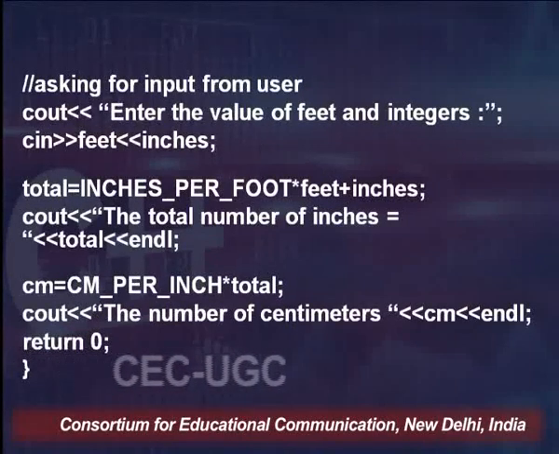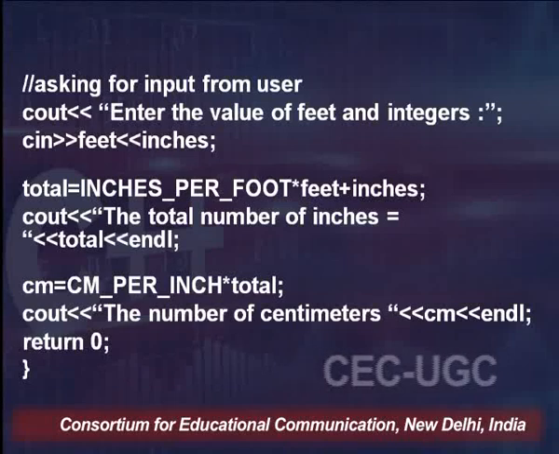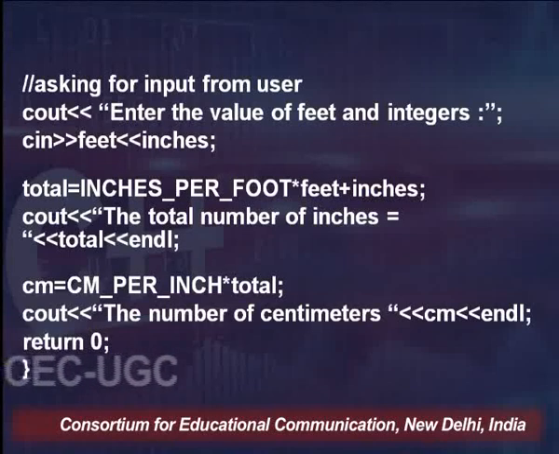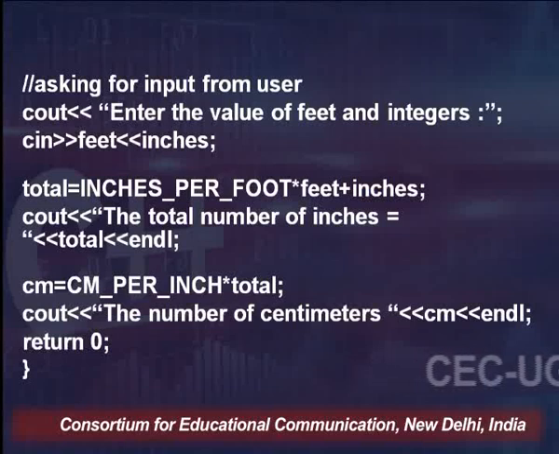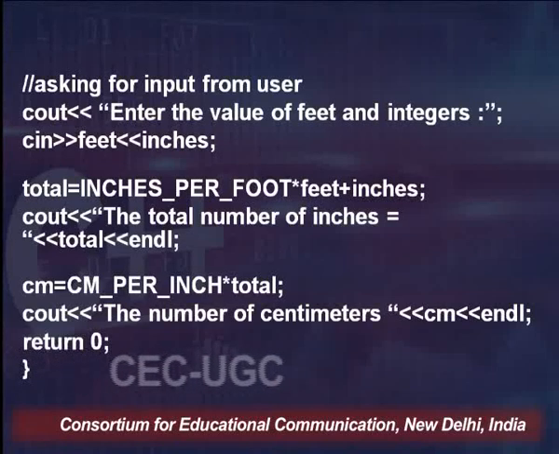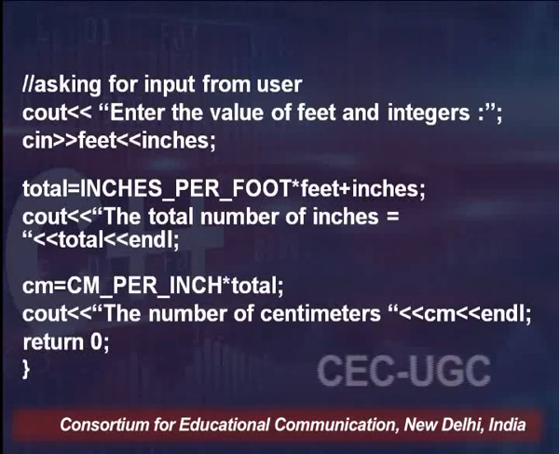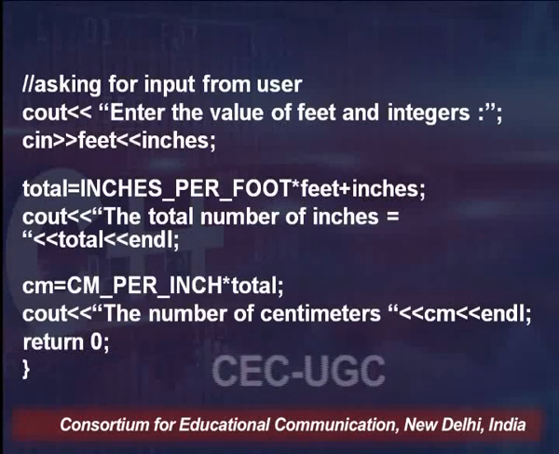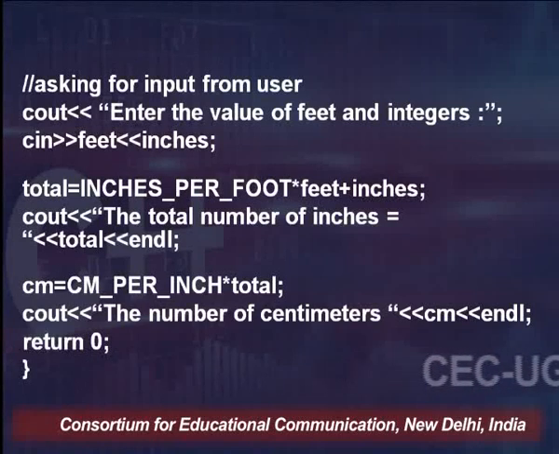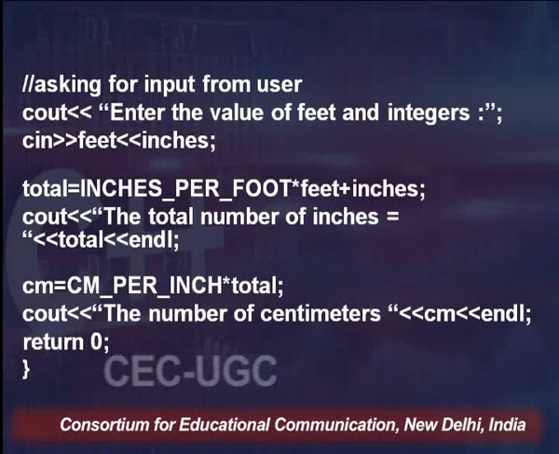Then the idea is to ask for the input from the user. So in order to ask for the input, please understand that first you need to give a proper message that tells what kind of input the program is expecting. So for example, here my program is expecting the value of feet and inches. So using the statement cout, I have given a prompt to enter the value of feet and inches, and then we have taken cin feet and inches.